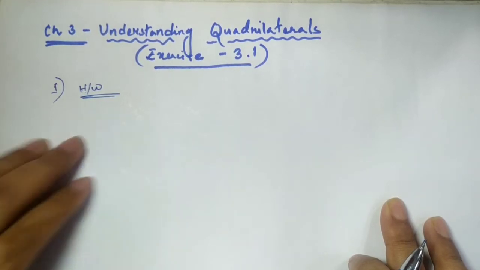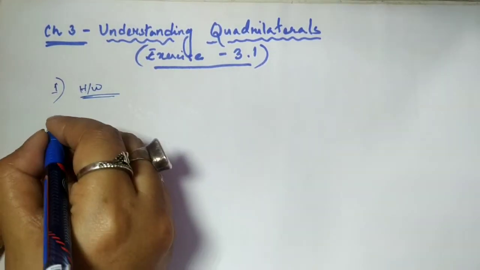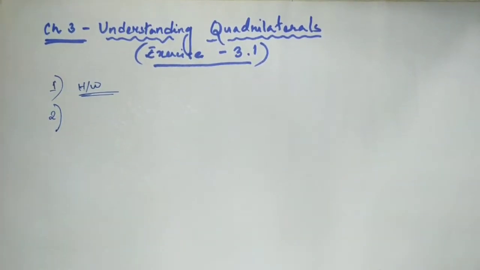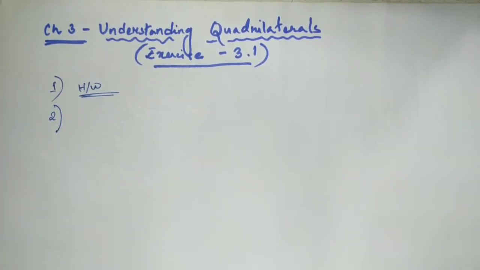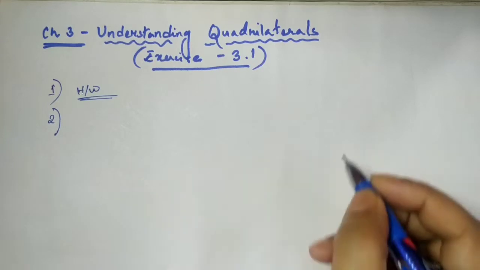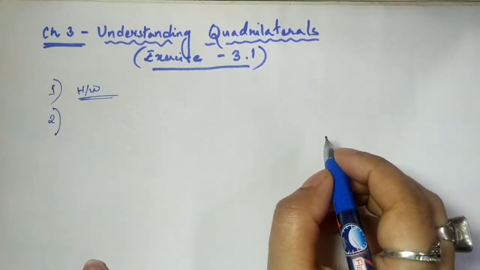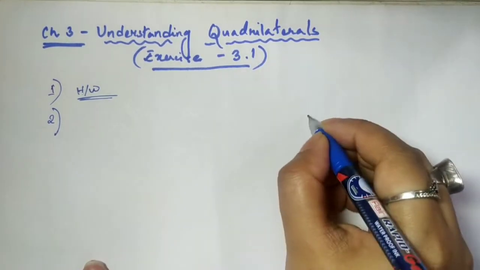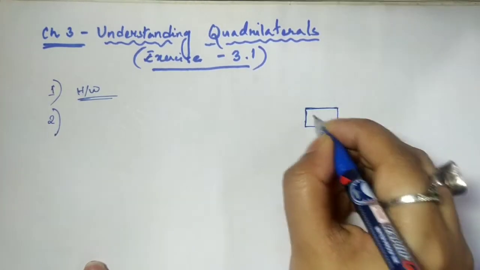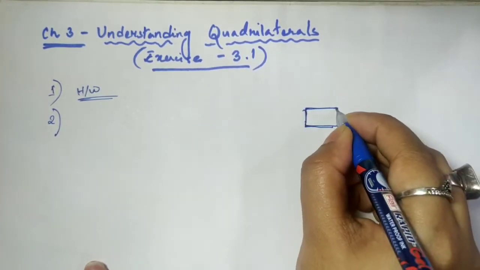Okay, so we will continue from number 2, which has a little numericals involved. Now in question number 2 it is given how many diagonals each of the following have. Normally when a quadrilateral or polygon is given, suppose a rectangle is given, how many diagonals are there?